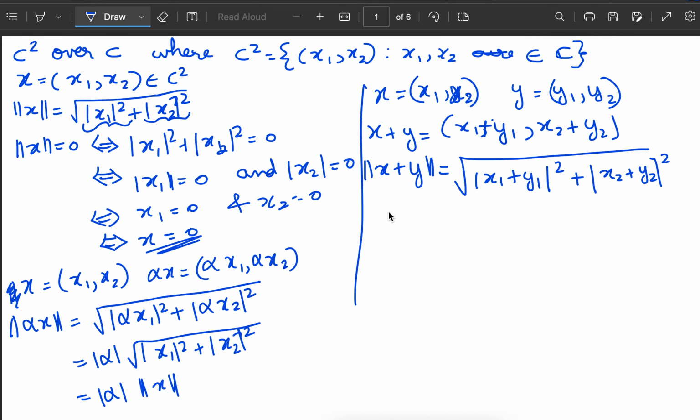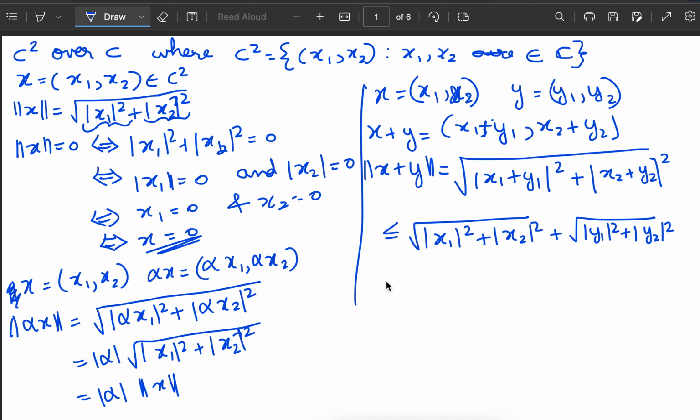So by using that inequality, this is less than or equal to the square root of mod x1 square plus mod x2 square plus the square root of mod y1 square plus mod y2 square. This is norm x plus norm y.